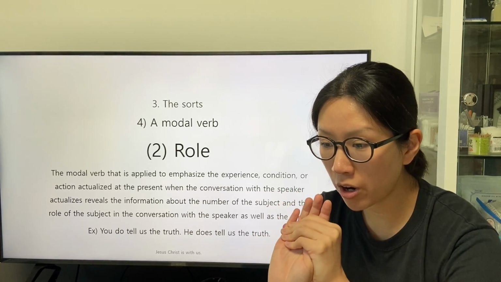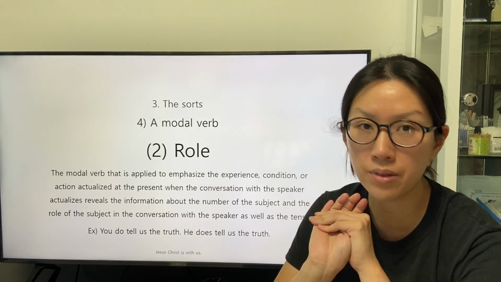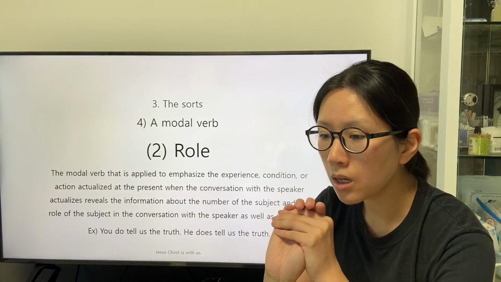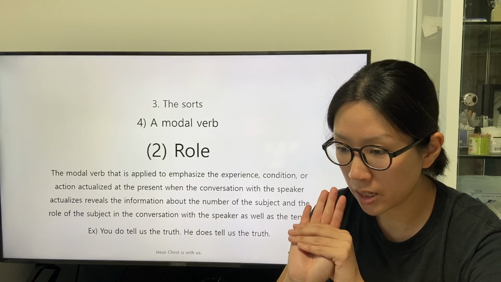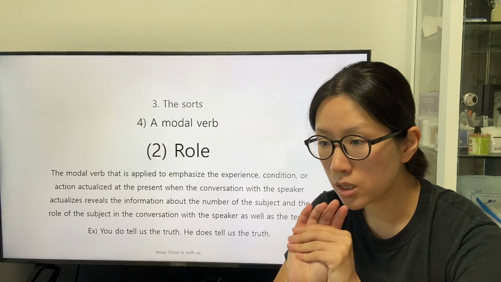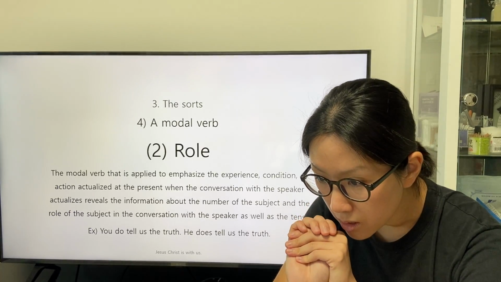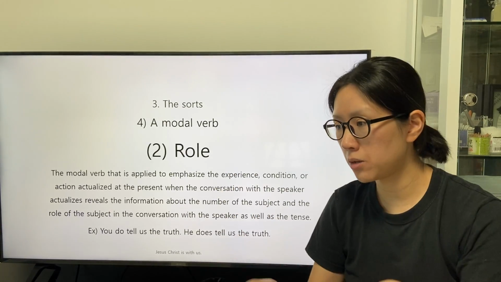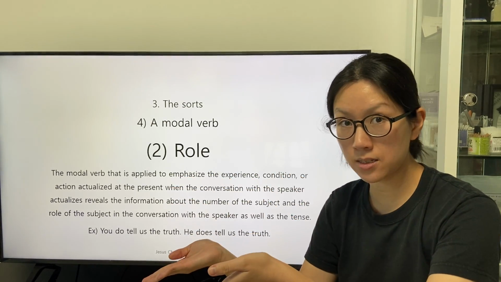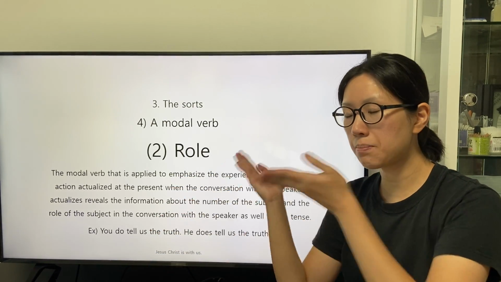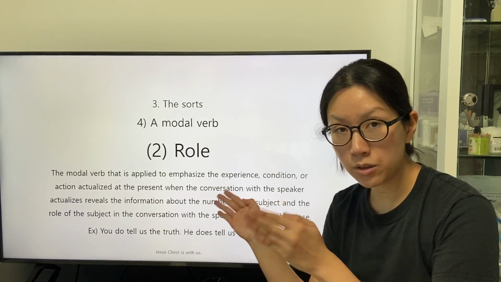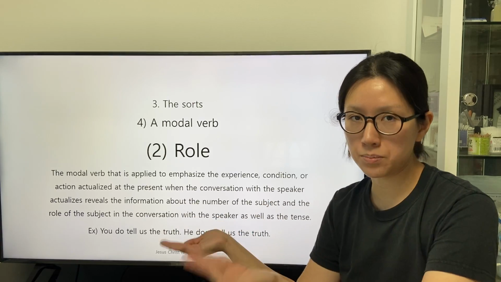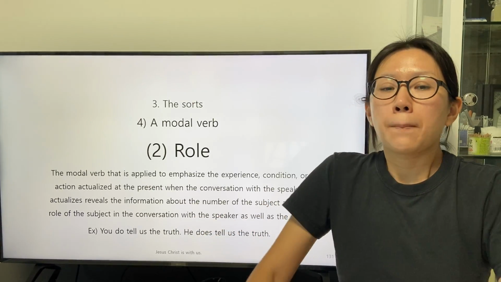The subjects are indicated by the personal pronoun they, and the modal verb do is suitable to be applied in the clause about the subject indicated by the personal pronoun they, or the general noun to indicate the plural subject.